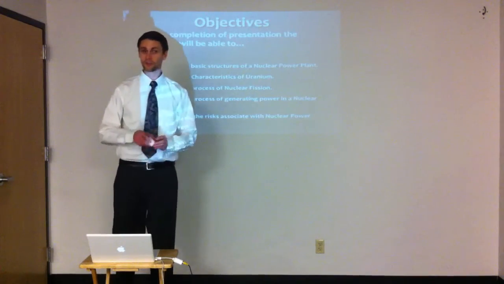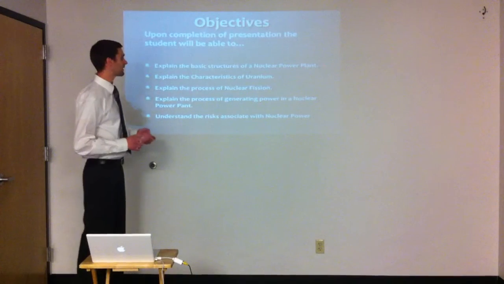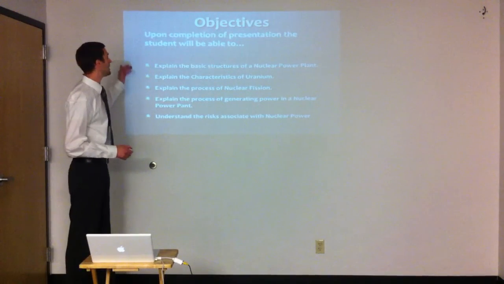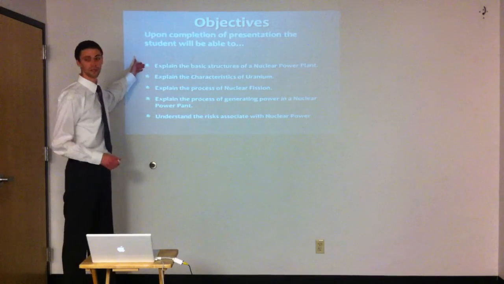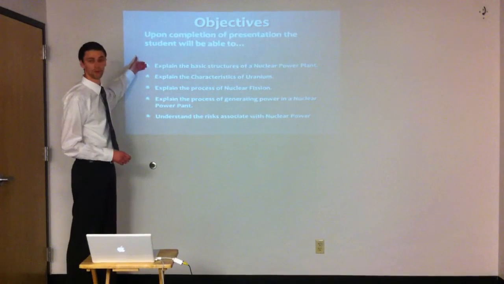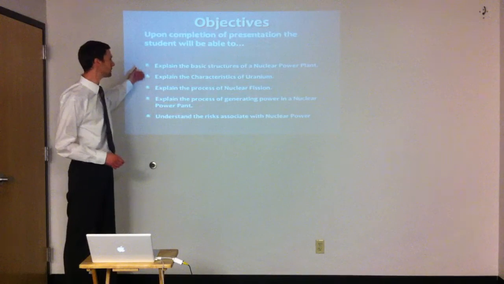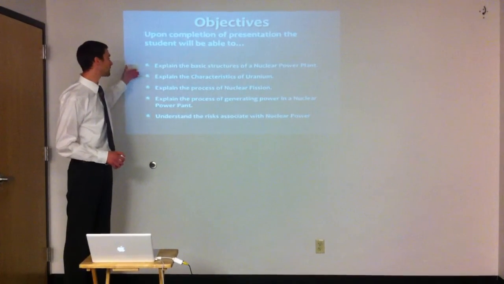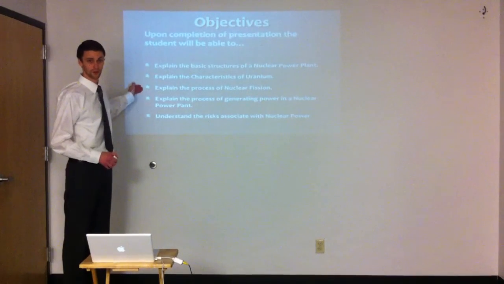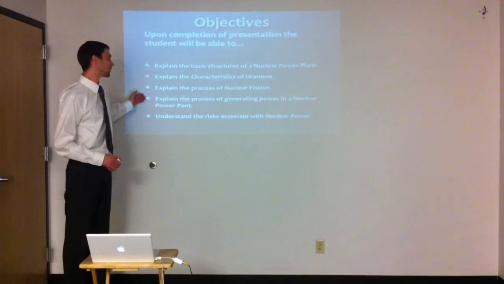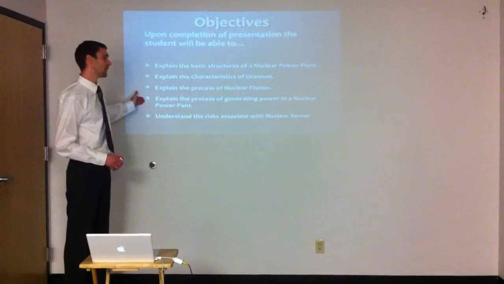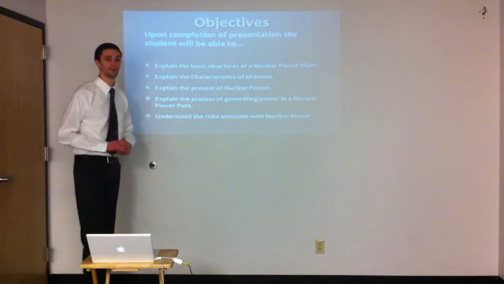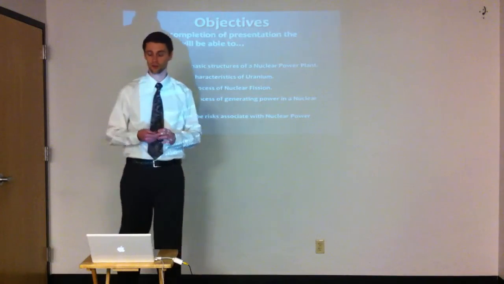So upon completion of this presentation, and we'll come back at the end of the presentation and we'll see if we were able to do this, but you guys should be able to explain the basic structures of a nuclear power plant. You should be able to explain the characteristics of uranium. You should also be able to explain the process of nuclear fission, explain the process of generating power in a nuclear power plant, and also understand the risks that are associated with nuclear power.